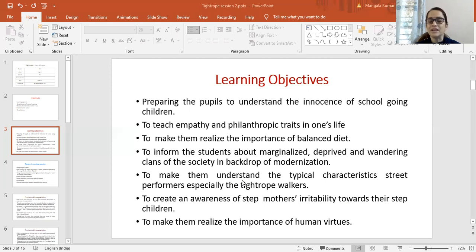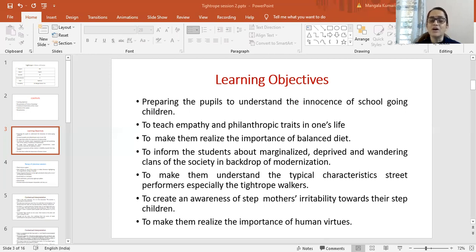This short story is going to inform you all about the marginalized class of Gujarat, the deprived and wandering clans of society, in the backdrop of modernization and civilization. It will also make you understand the typical characteristics of street performers, especially the tightrope walkers.